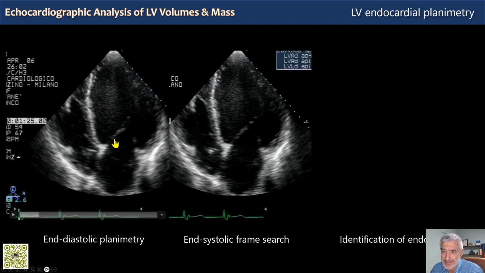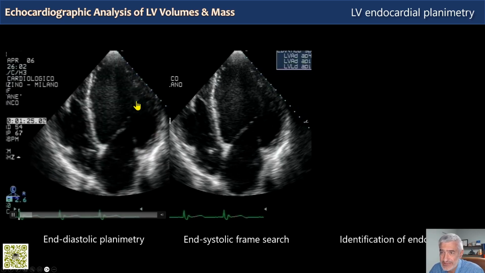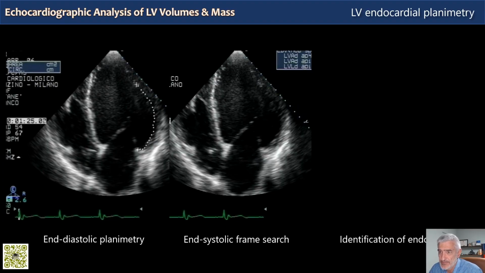Once identified the end diastolic frame, we then trace the endocardium by starting at either one of the 2 hinge points of the mitral annulus. I usually start here at the lateral, the base lateral wall, but you can start at the septum. You follow the endocardium, staying on the endocardial brightness, not inside, and you exclude the papillary muscles and anything that is inside the cavity as accurately as possible.